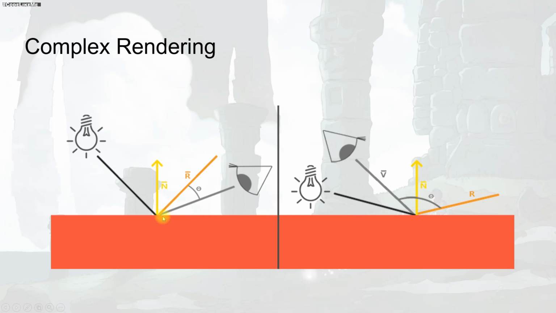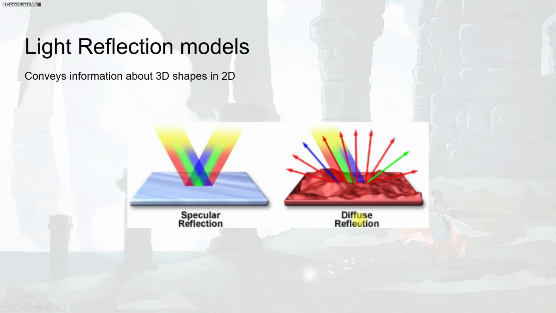So this is the normal of the surface, and this is the light ray, and this is the reflected light ray. We can consider them as vectors. So this is specular reflection. Here this surface is smooth, that means it doesn't have any dents or pores in that surface.